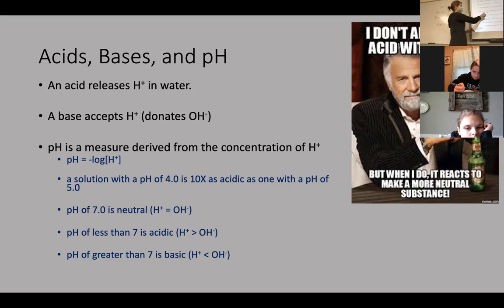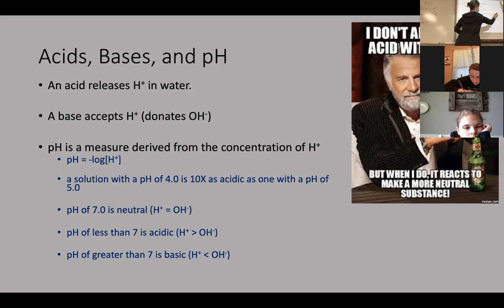So if we look at the equation here, I'm not going to ask you to calculate pH, but I do want you to understand how this is calculated and where the log aspect comes in and the negative. First off, this H plus in brackets here just means the concentration of hydrogen ions.